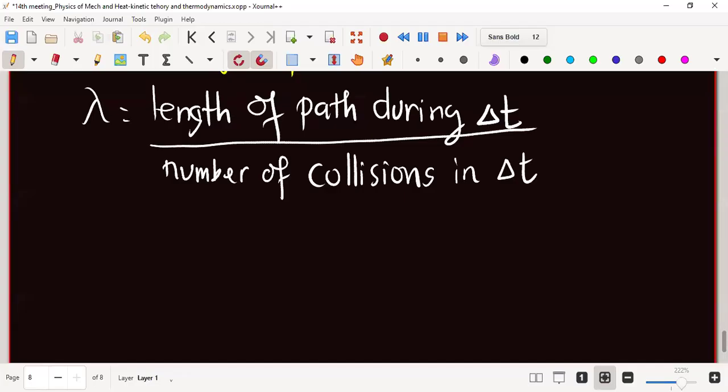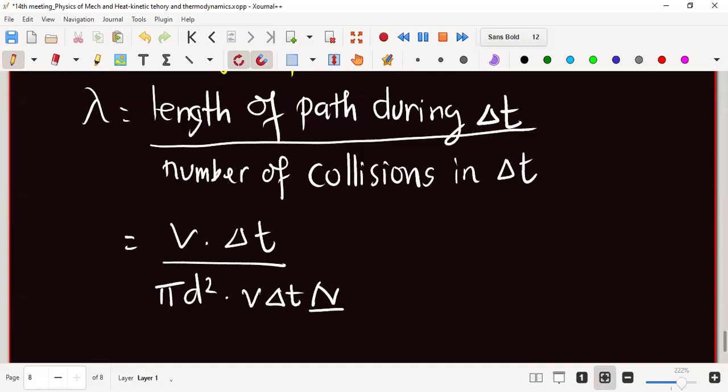So the length of path during delta t is v delta t, divided by pi d square v delta t divided by volume. Consider this lowercase v is speed or velocity, and capital V is volume.